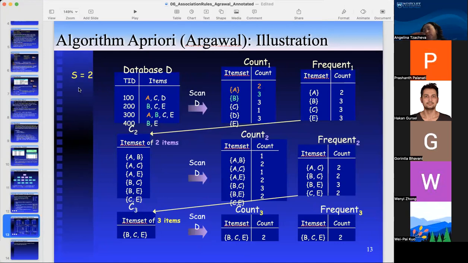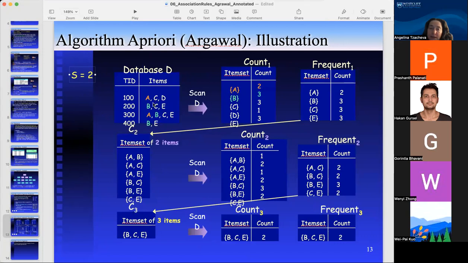The set is considered frequent if the support is 2. In this example, we start with the database and look for A. A occurs 2 times, the orange one, in transactions 1 and 3.